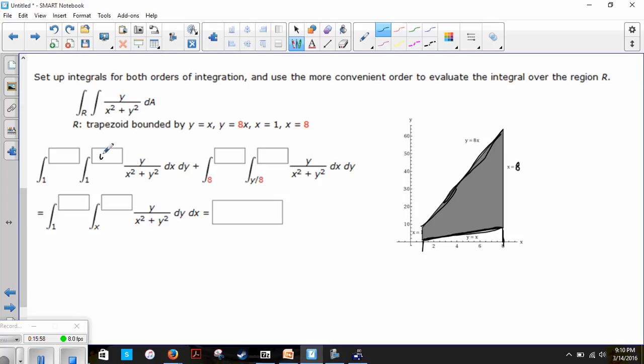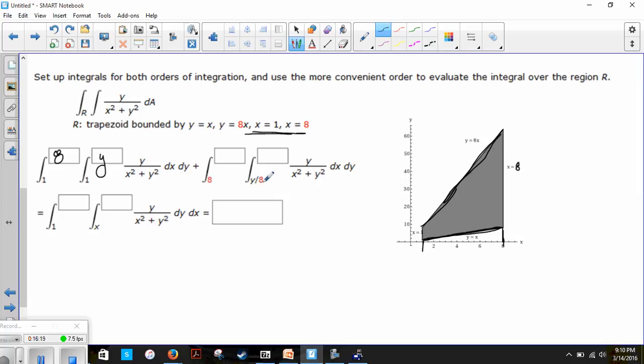So we're going to change, say, from 1 to y. And then for the next part, I'm going from 1 up. And so with my x's, I'm going from just the 1 to the 8 for my y's.